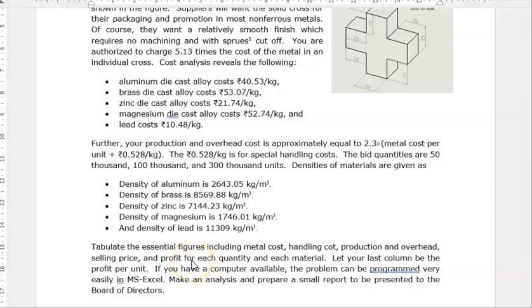Okay, this is an excellent problem which touches on the surface of die casting machine, and then more on production and costing topic.